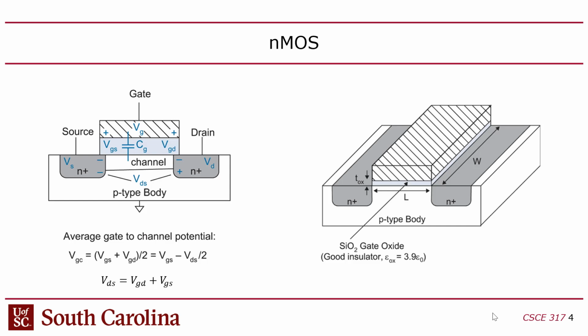The important thing to note here is that the distance between the source and the drain, these are the diffusion areas, is a parameter called L, length, and that L is actually what they name CMOS processes after.